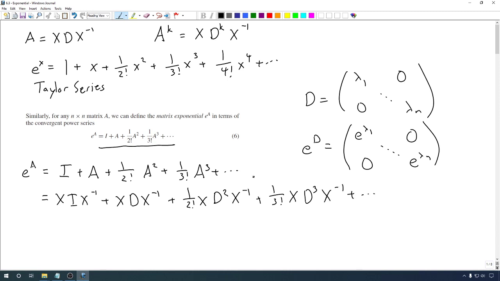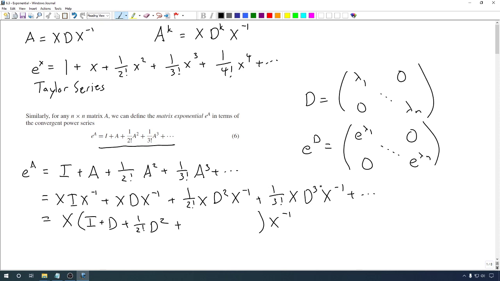And so on and so forth. So the idea here is that every single term in this has an X in front and an X inverse in the back. So let's factor that all out. We'll factor out X at the beginning, and X inverse at the end. And in the middle here, we have the I that's in here. We have the D that's in here. We have the 1 over 2 factorial times D squared.